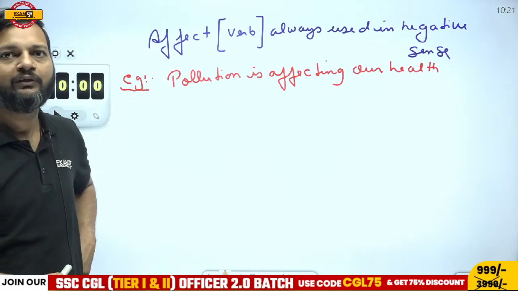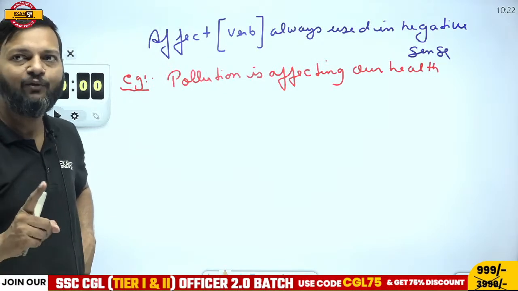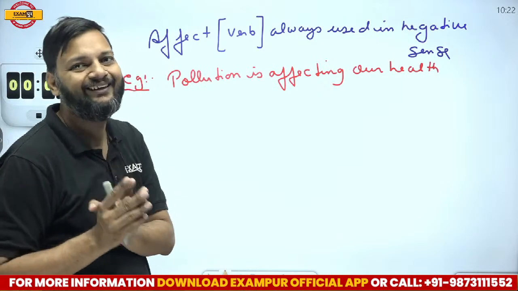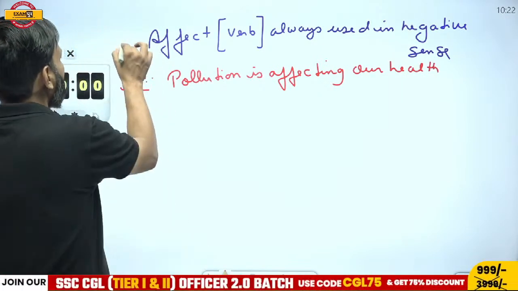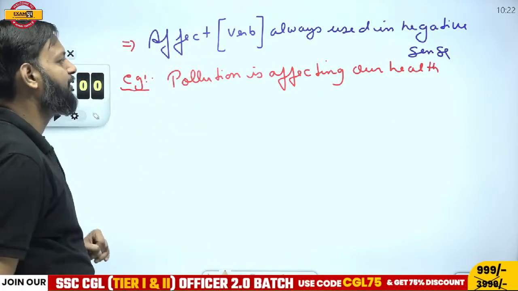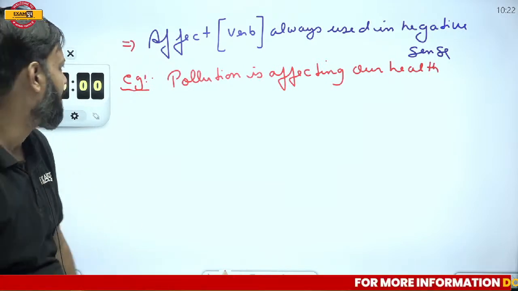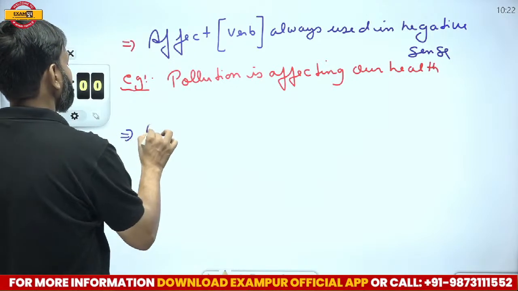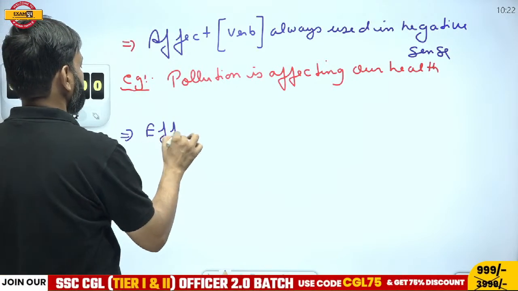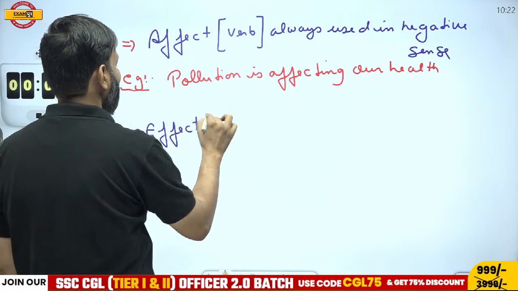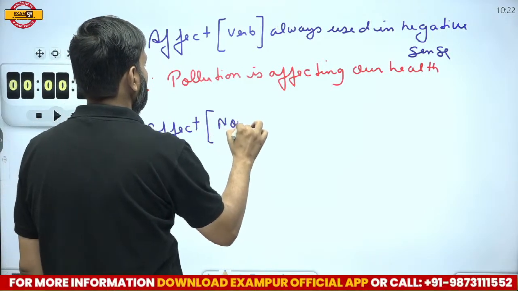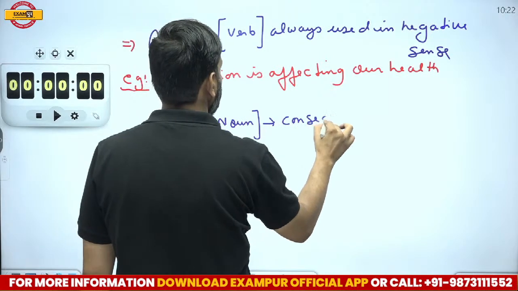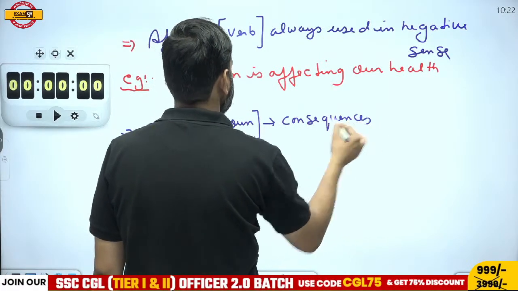Surya, I know that effect is a noun and affect is a verb, but I am telling you something more important. Now you all know that affect is a verb which has a negative meaning. For example, pollution is affecting our health. Now the word effect is a noun. It means consequences.